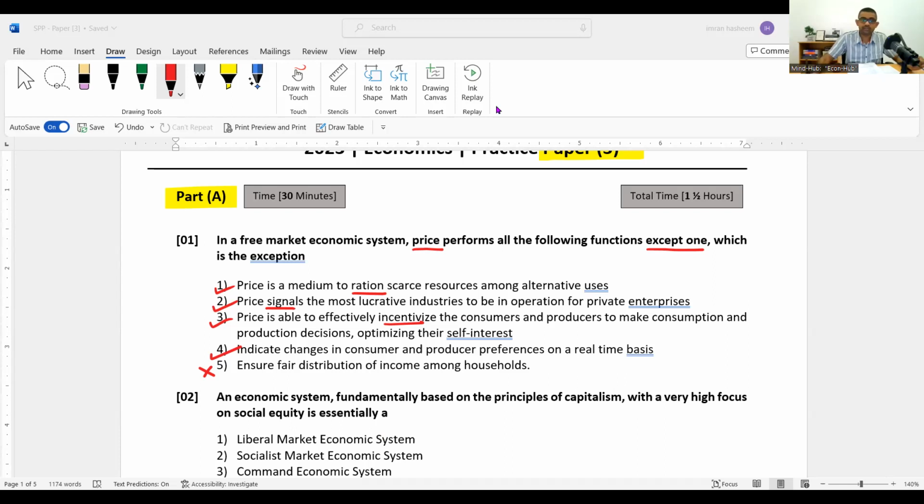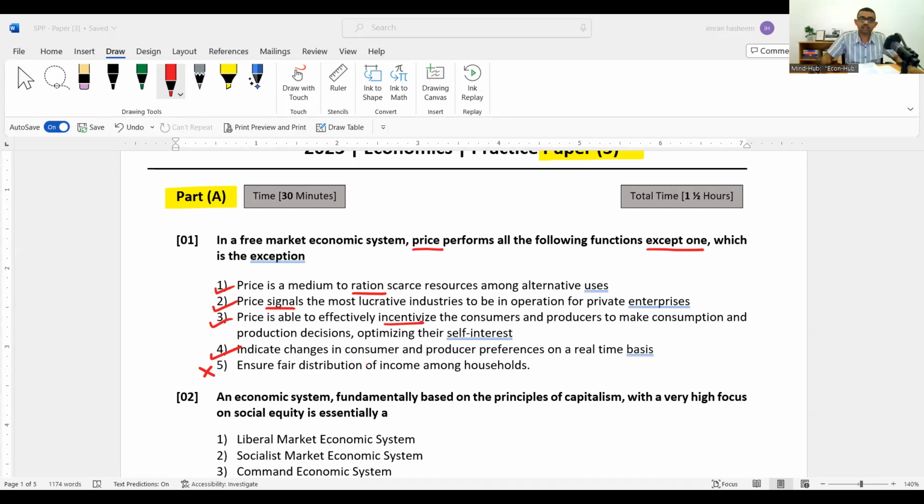You guys remember the three main reasons for market failure that we learned in Unit 1 when we did market economic system, and also in Unit 8 when we did government economics. The three I's we call them. The inefficiency in resource allocation, the first I. The inequality in income and wealth distribution, the second I. That is what we are talking about here. Thirdly, the instability of the macroeconomy.